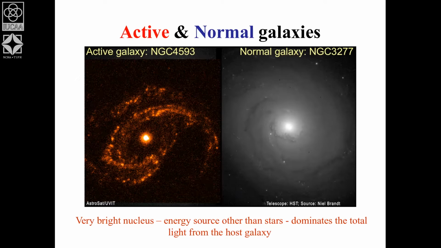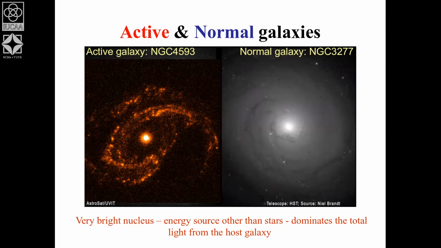But for our purpose, if you take an image using a telescope with a very short exposure, and you're observing a normal galaxy, initially you may not see anything because the exposure is very short. But if you keep on increasing the exposure, then you will start seeing a diffuse emission. Of course the central region will be brighter, but overall you will see diffuse emission.